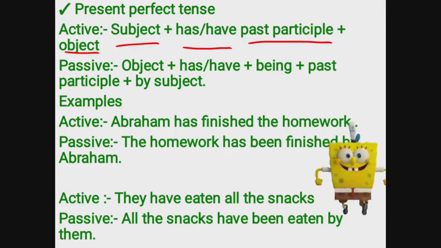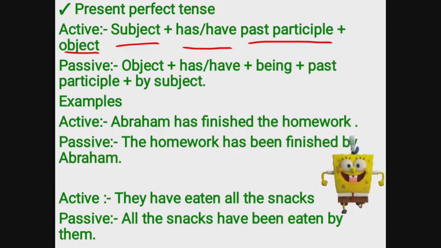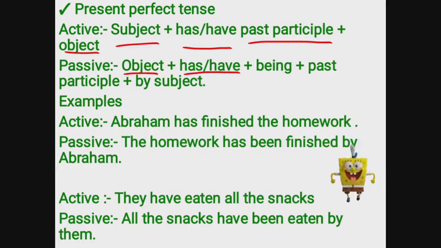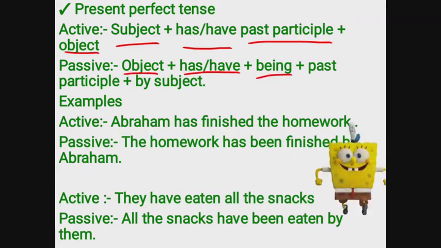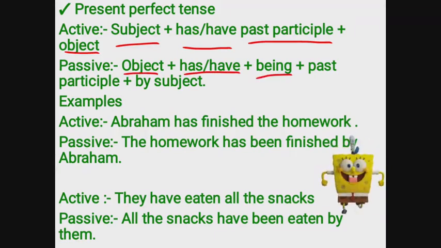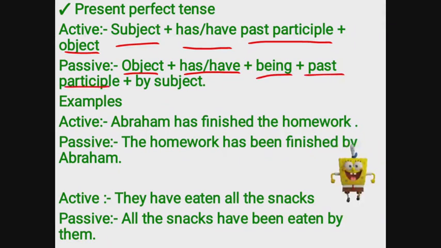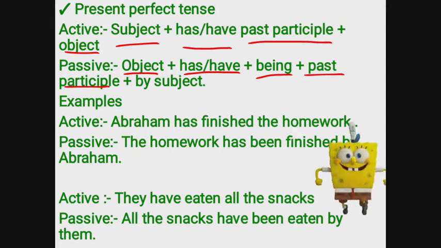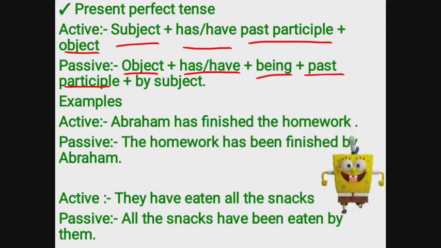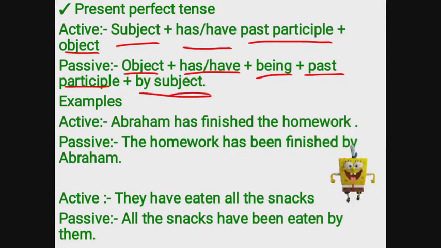In the passive voice, take notes. The object will now come up. Your has and have remain the same. Then we add being. Then we look for the past participle of that same verb, or use the same verb that is given in the active voice. Then, as usual, you add by plus the subject.